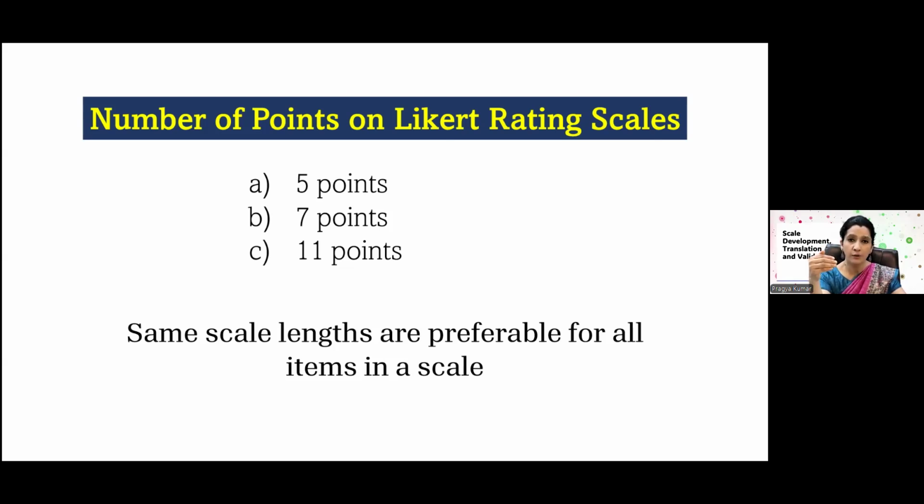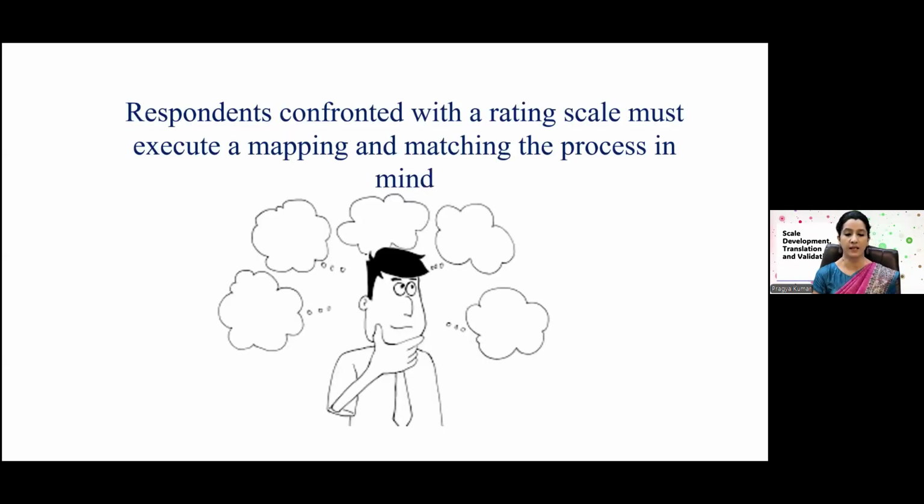You won't do it like, if there are 20 items in a scale, generally you have the same length of item format for all items. It is not permitted that in the first 10 questions you use 5-point Likert and in the next 5 or 10 questions you use 7-point Likert. So the same scale length is preferable for all items in the scale.